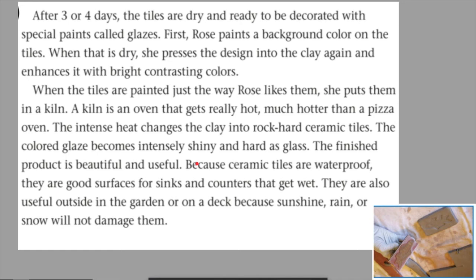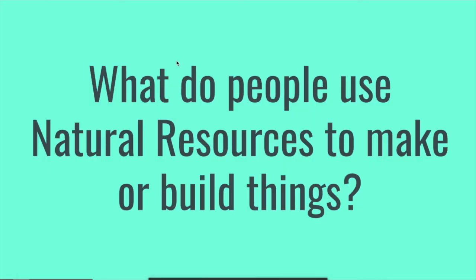From the pencils we write with to the paper that we write on, let's think about natural resources all around us. What do people use natural resources to make or build things?